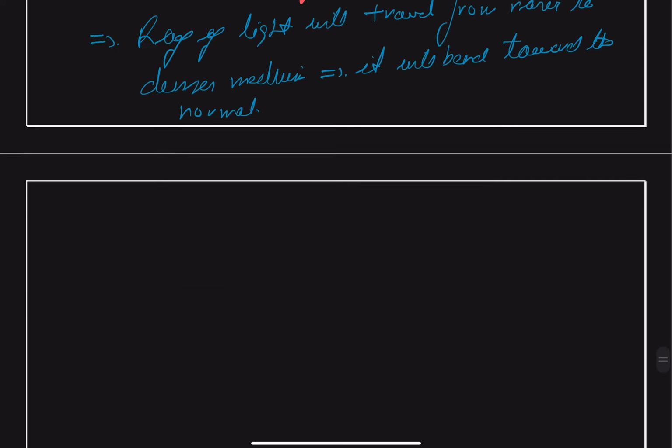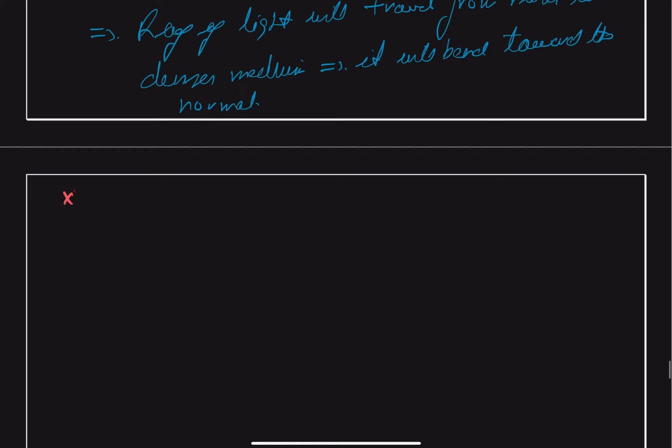And now we can find out the angle of incidence, that is angle I. So the incidence angle at B is given as I. Based on this, let me draw it here.